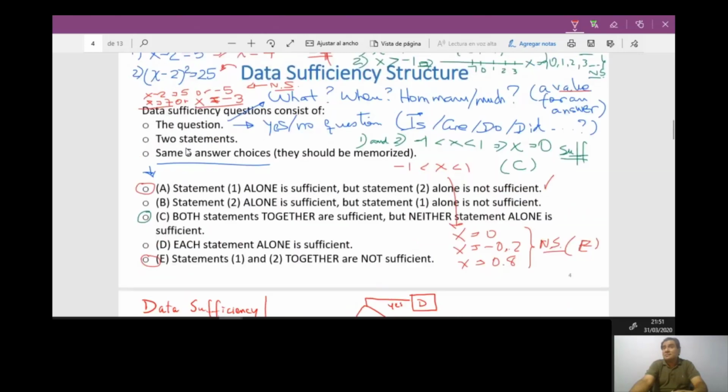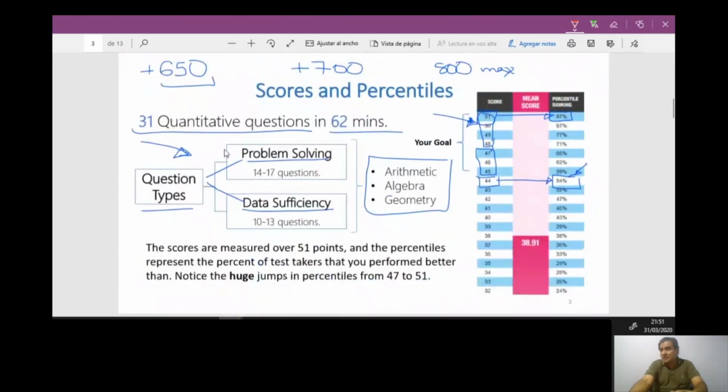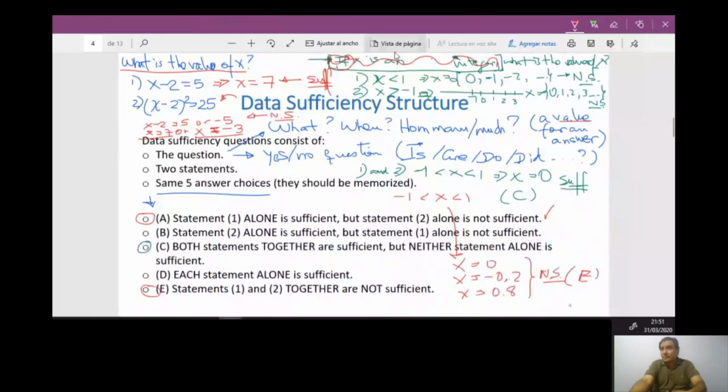Well, sometimes. Statement 0 means something like this. If X is an integer, any information prior to the actual question is considered a statement 0.